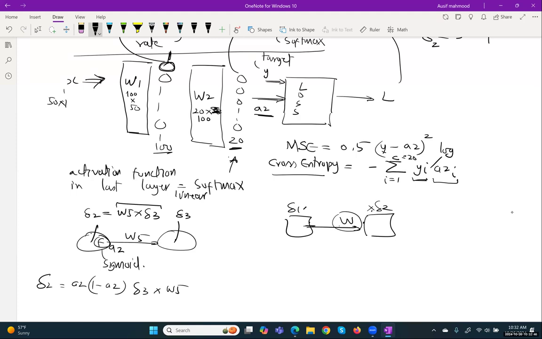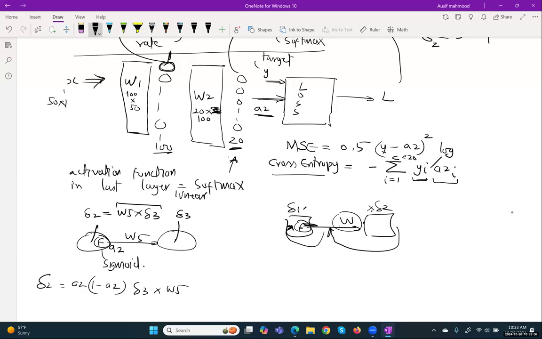But that is provided this activation function over here was non-existent or was a linear function. Because remember, we go from here to here, from a derivative point of view. Then if there's an activation function involved over here, we further have to go from here to here.